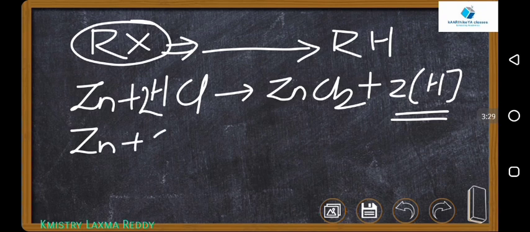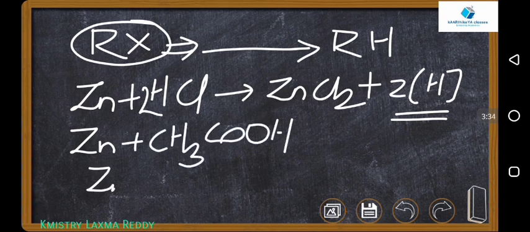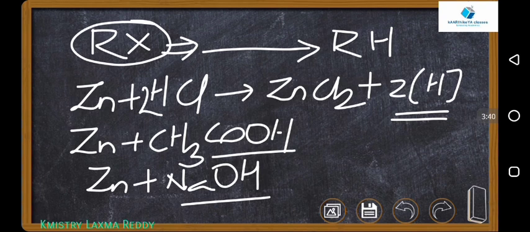Or you can use zinc and acetic acid, which is also fine. Or you can use zinc with NaOH in basic medium, or acetic acid, otherwise HCl. All these are good. Otherwise, you can go for strong reducing agents like lithium aluminium hydride, or HI with phosphorus. You can use all of these here.